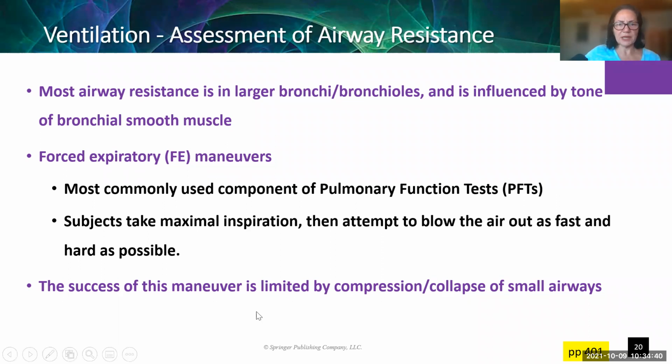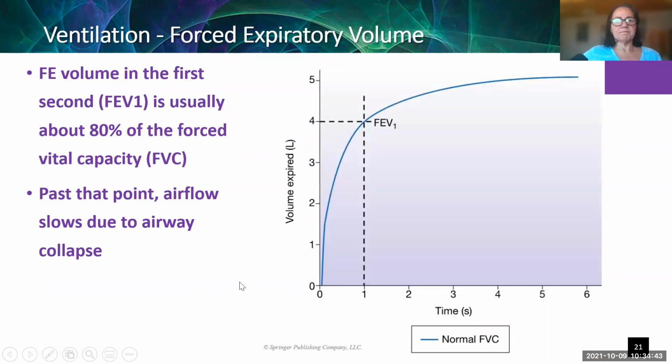Let me show you a couple of graphs. So forced expiratory volume is what we're talking about. The forced expiratory volume in the first second is usually the vast majority of the air that's in our lungs. We expect to get about 80% of the air that's in the lungs out, and it's going to come out in the first second.